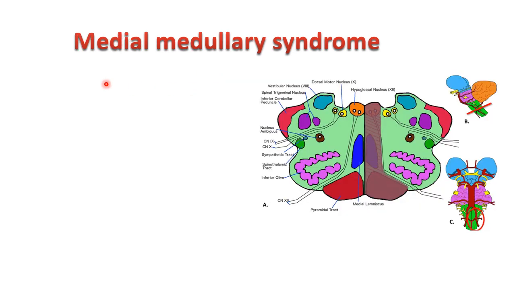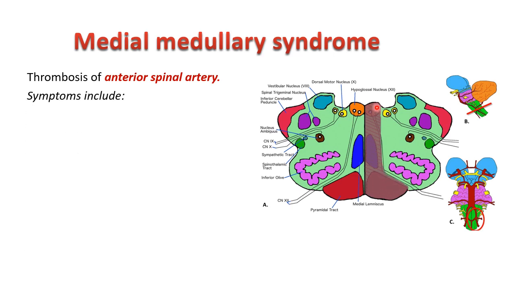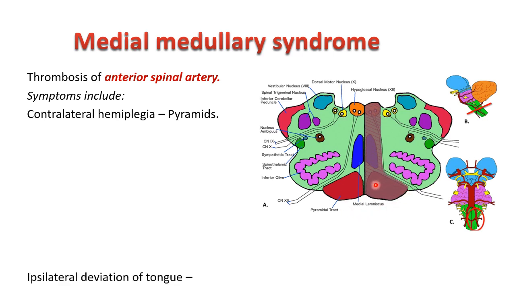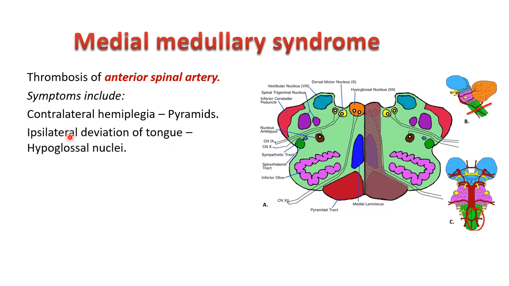Next is the medial medullary syndrome. This is mainly due to thrombosis of the branches of the vertebral artery, the anterior spinal artery. Symptoms: the hypoglossal nucleus is affected, and hemiplegia because the pyramids are affected. So ipsilateral deviation of the tongue because of the hypoglossal nerve.